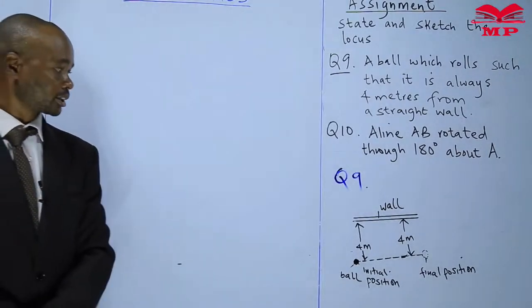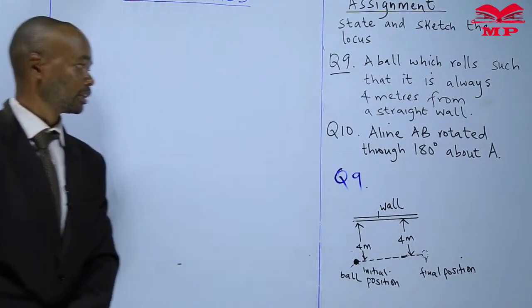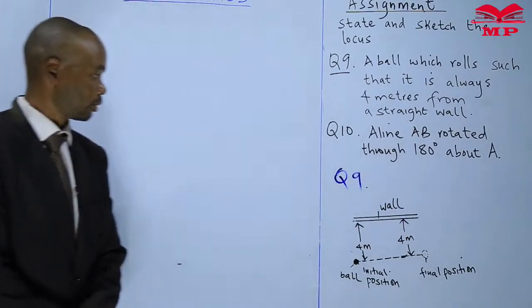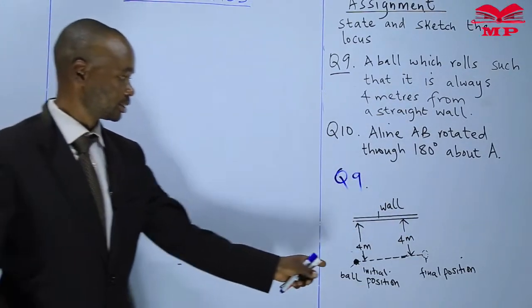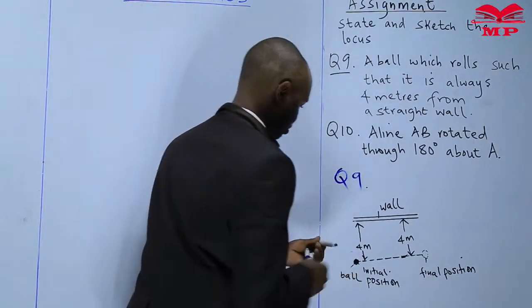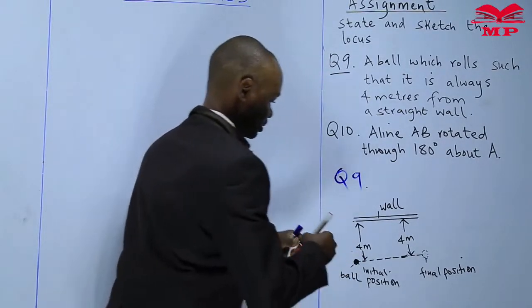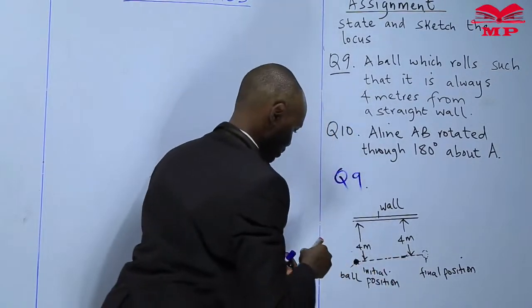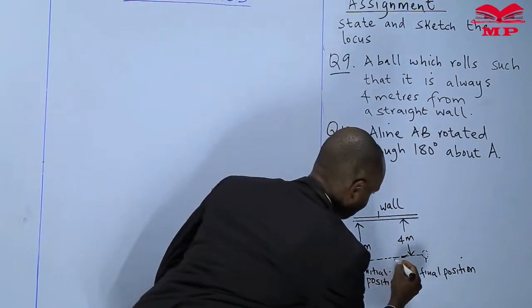So that is the sketch for question 9. It shows a straight wall, the initial position of the ball, and here we shall indicate the path.